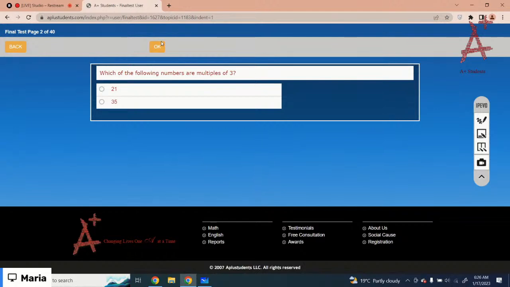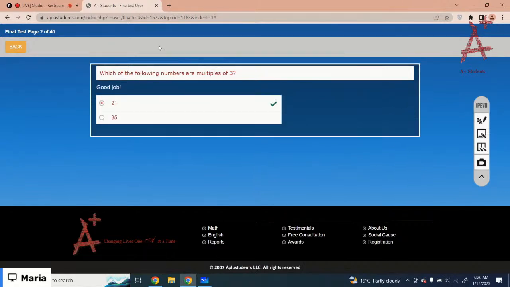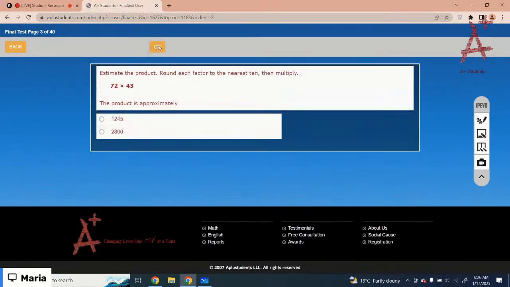Yes, it is 21. Because 3 times 7 is 21. 21 is completely divisible by 3. So that would be the multiple of 3. Got it?